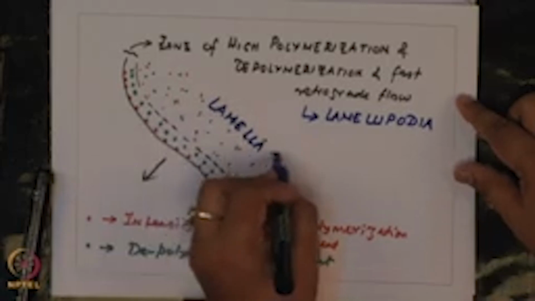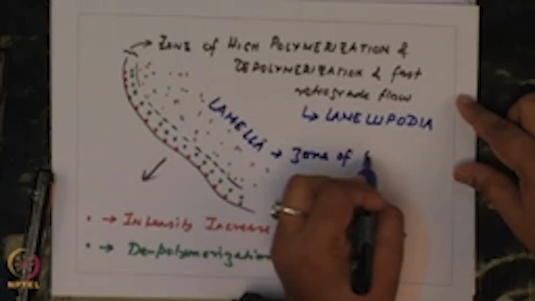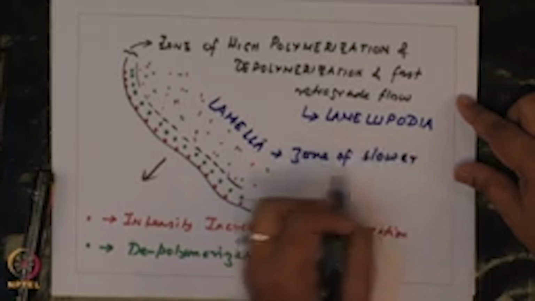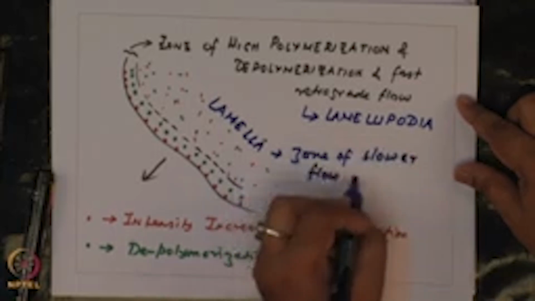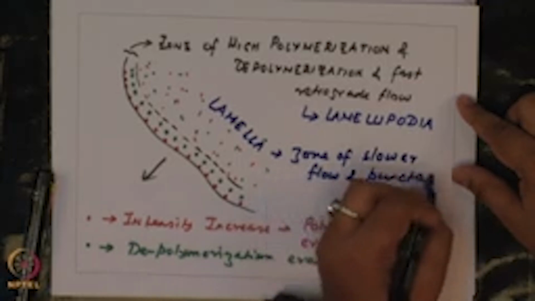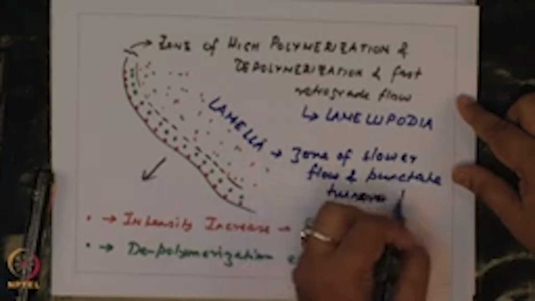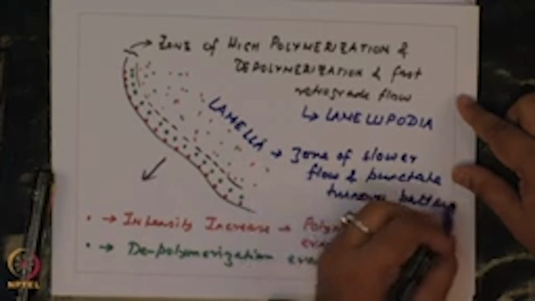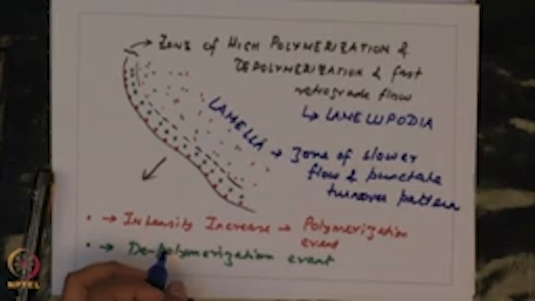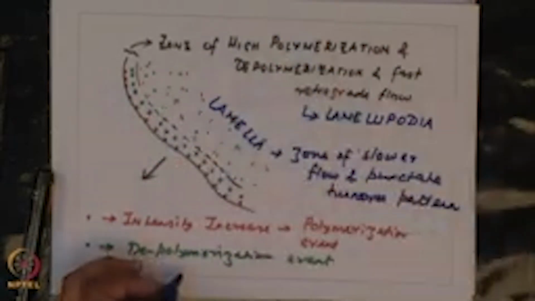So, what is the lamella? It is a zone of slower flow and punctate or mixed turnover pattern. So, you have two zones which seem to be physically distinct.